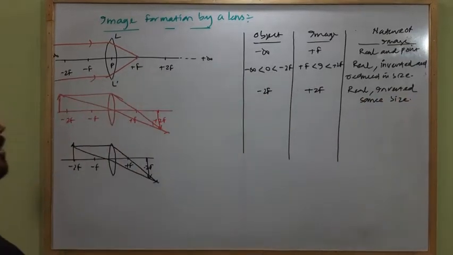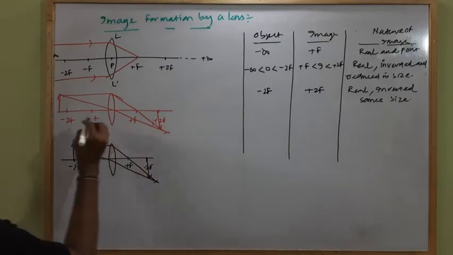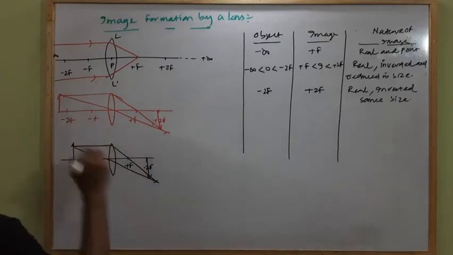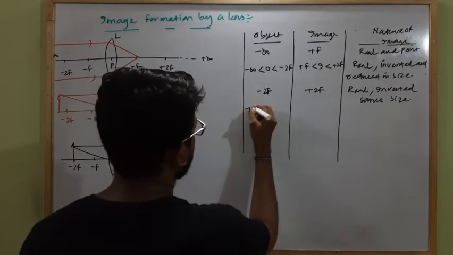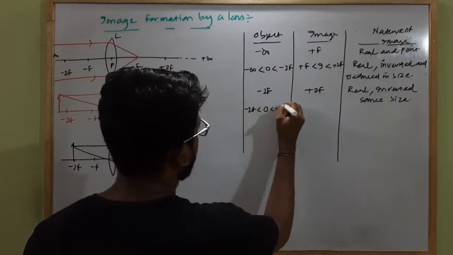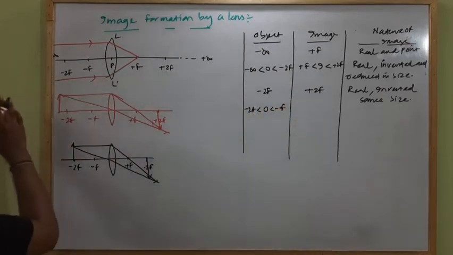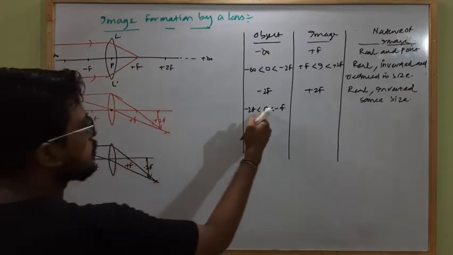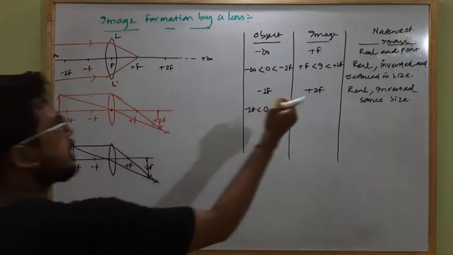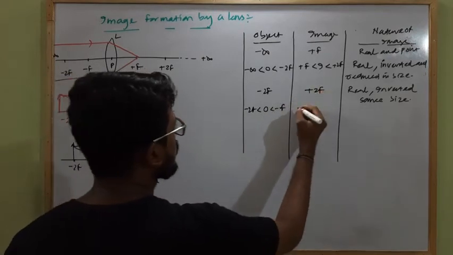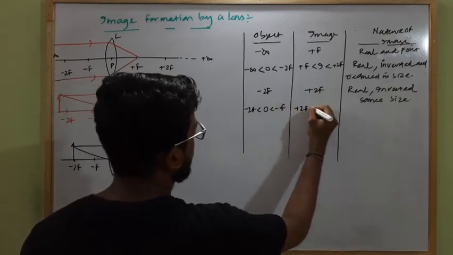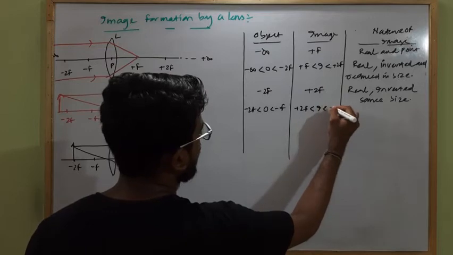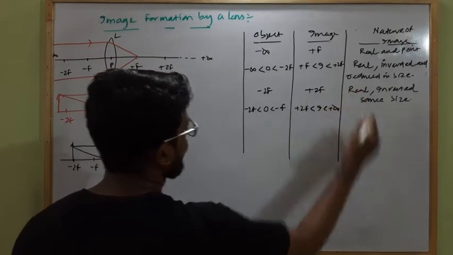Clear? Next, when object is between minus 2f and minus f. Object in between minus 2f and minus f. So object is traveling from minus infinity towards the pole. So now object is in between minus 2f and minus f. So now image will be from plus 2f to plus infinite.